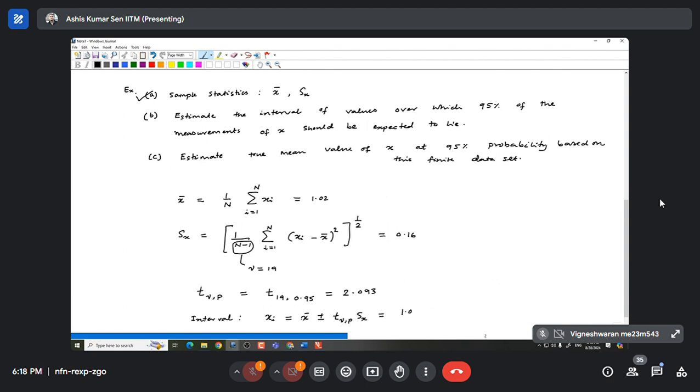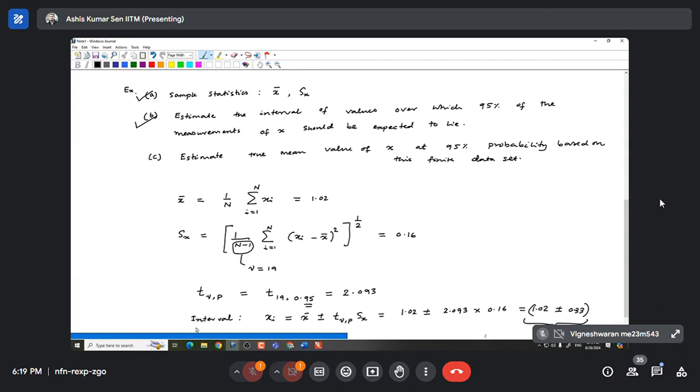So this is 1.02 plus minus t, which is 2.093, times Sx, which is 0.16. That is 1.02 plus minus 0.33. So this is the interval within which 95% of the measurements would lie. You can do the same if you want to know 99% of the measured data, then your probability becomes 0.99, or for 50% of the data, your probability becomes 0.5.